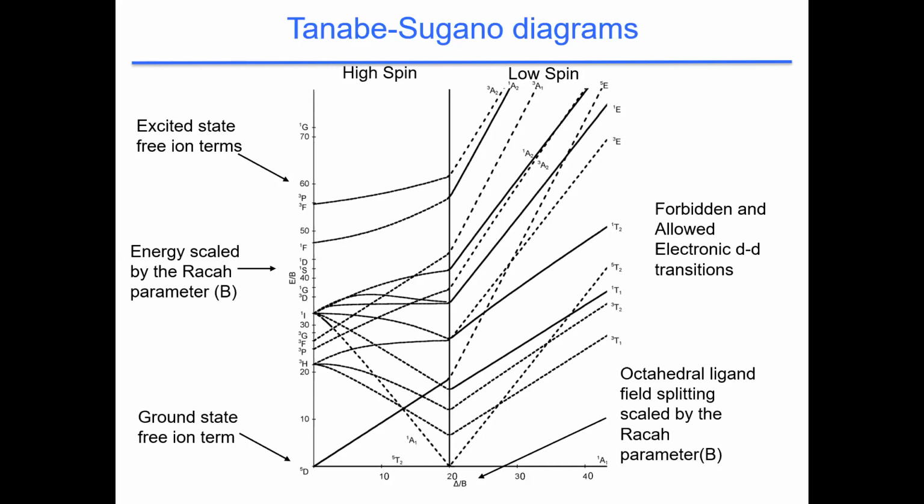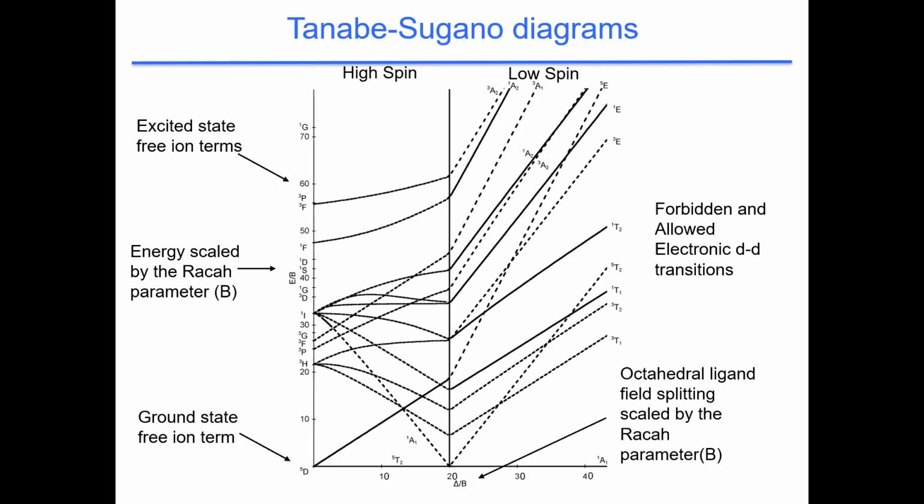In this diagram, you have on your y-axis the free ion terms that you can derive, as Alex mentioned in his presentation. So here at the origin, you have your ground state free ion term. And then as you increase in energy, you have your excited state free ion terms. The units for this, or what's being plotted, is the energy scaled by the Racah parameter.